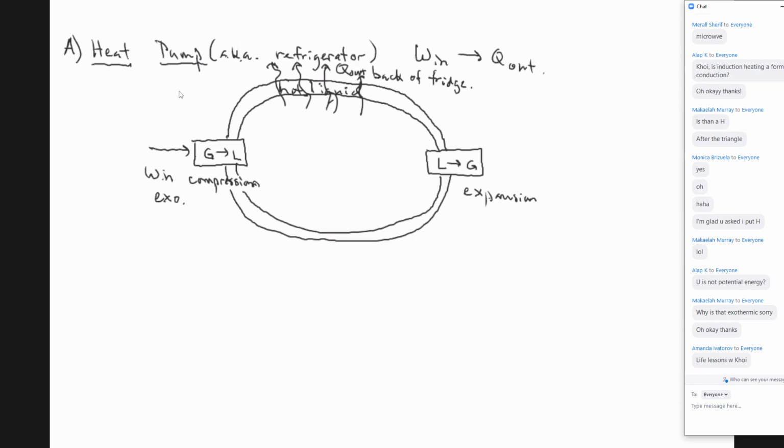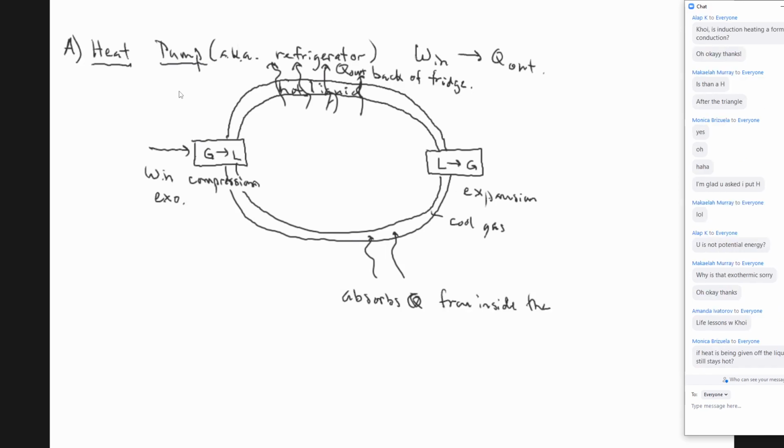So this is a cool Freon gas now. And what it does, it absorbs the heat from inside the fridge.